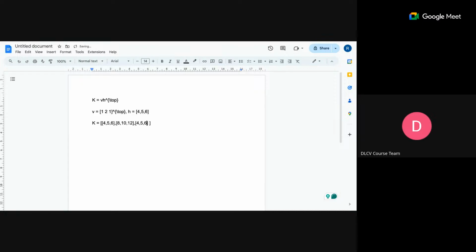So now we can clearly see that only this row is independent, because the other two can be found using this row. The other two are linear combinations of this. So the rank of this matrix is 1.